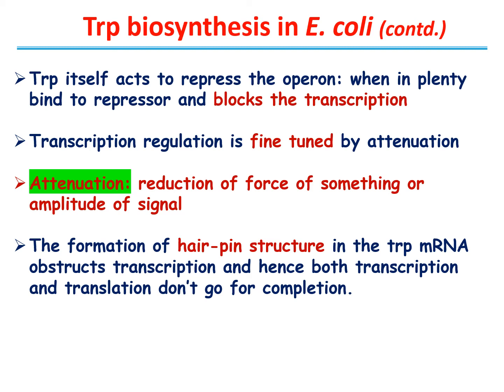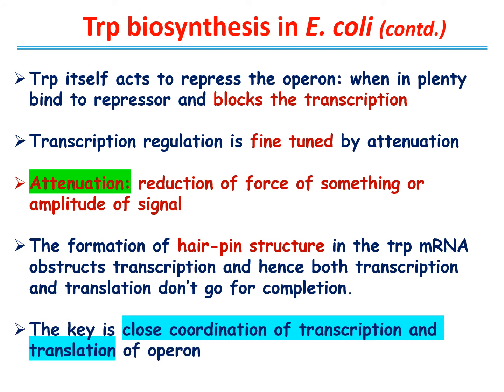And since there is translation going on side by side in the case of the tryptophan operon, the stalling of the transcription further leads to the stalling of the translation, and both of the processes are prematurely terminated. So the key here in the tryptophan operon is the close coordination of transcription and translation.